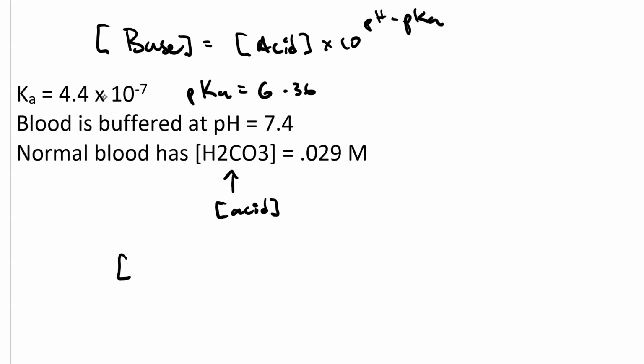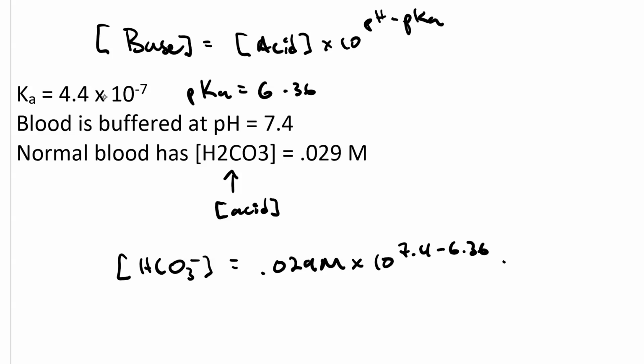And we want the concentration of the bicarbonate ion, HCO3 minus, so that's going to equal 0.029 molar times 10 to the 7.4 minus 6.36. Which gives us 0.317 molar.